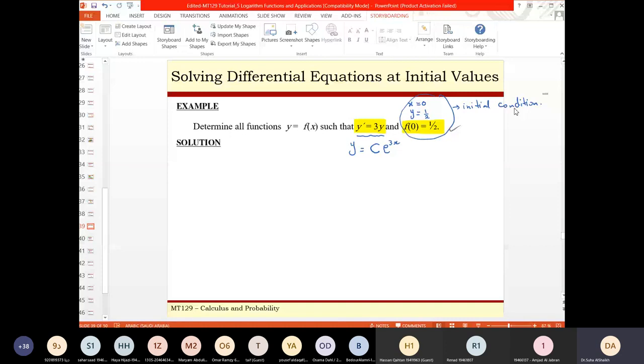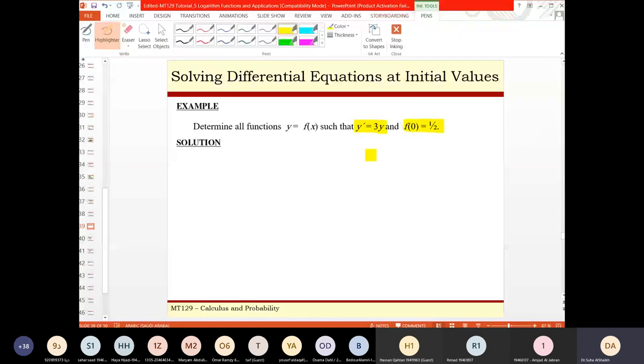And they give me an initial condition with it. They said that f at 0 is equal to 1. I memorized that the solution of this equation is y equal to c exponential of kx, and the k here is 3. So y equal to c exponential of 3x.